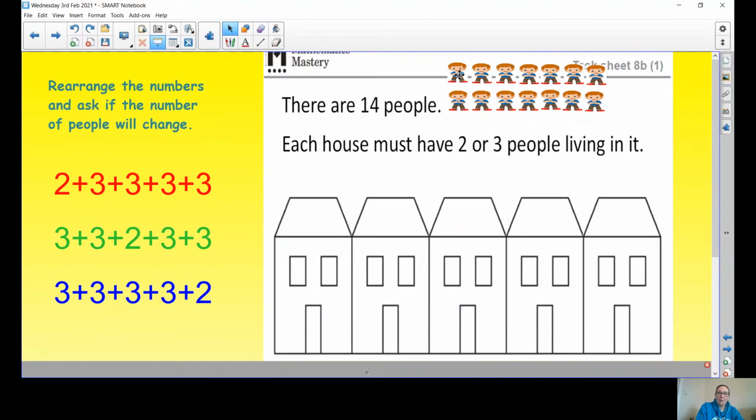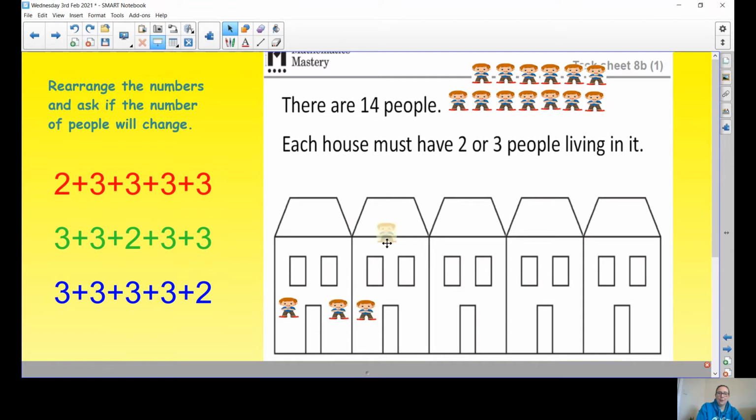So let's start. Here's my people at the top. Let's check we've got 14. 1, 2, 3, 4, 5, 6, 7, 8, 9, 10, 11, 12, 13, 14. So my first number sentence you can see here is 2 add 3 add 3 add 3 add 3. Let's see if we can share those people between those houses using those numbers.